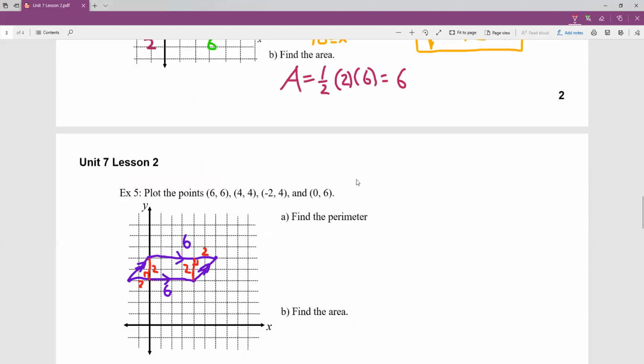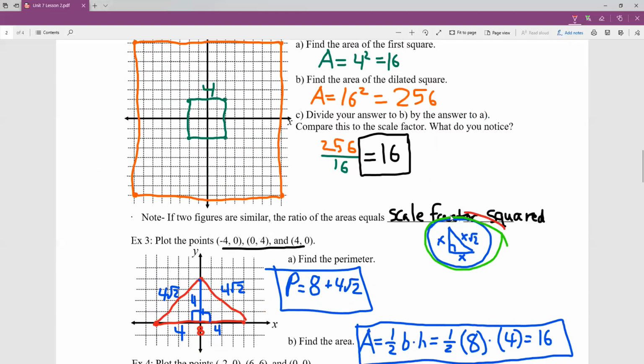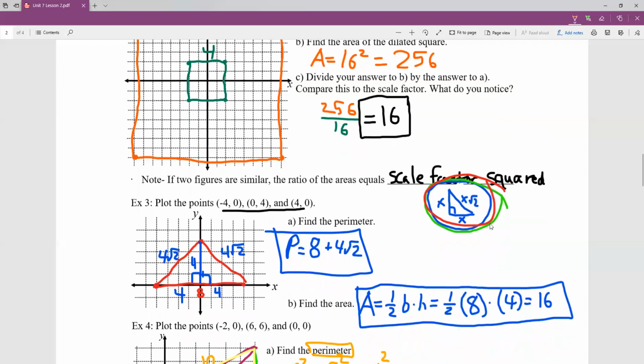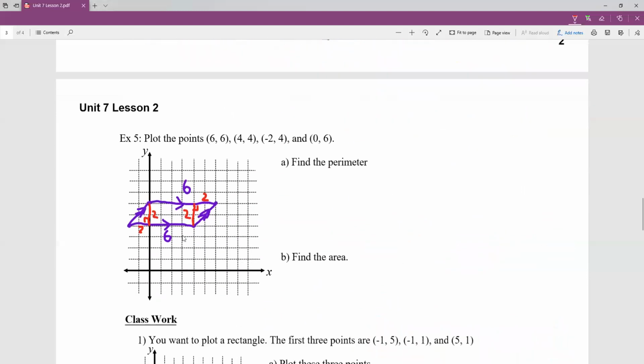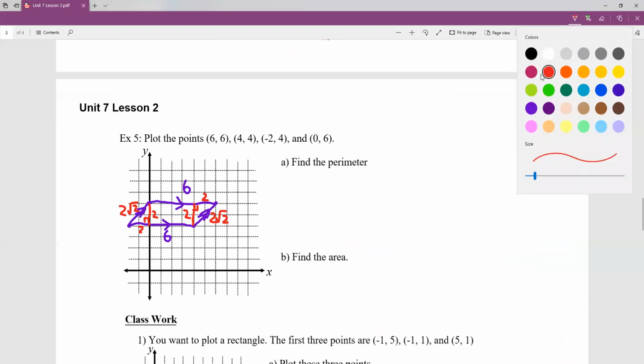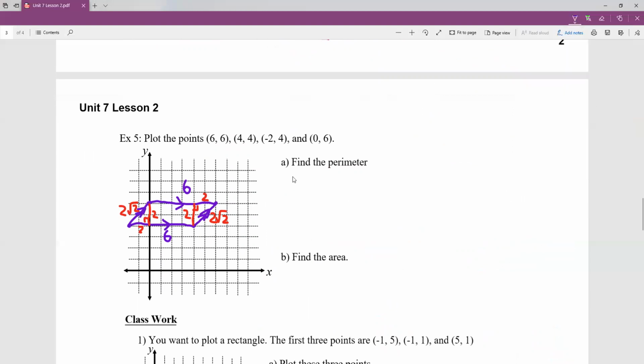So we can use our pattern that we've had before, this x root 2 pattern again, to find the length of this last side. So this last side is just going to be 2 root 2. Same thing over here. Nice. Now that we have that, we can actually write out the perimeter.